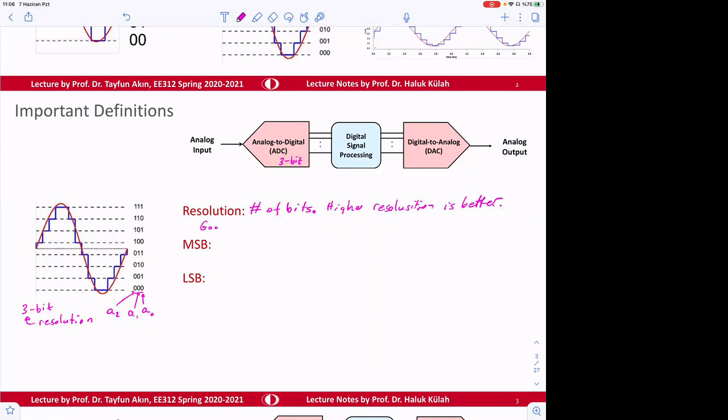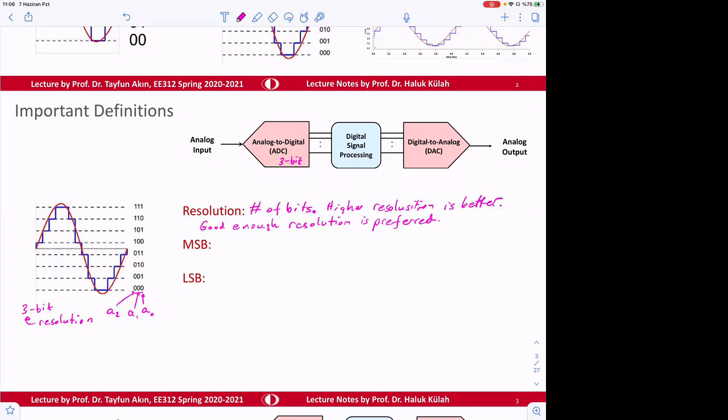So good enough resolution needs to be selected as preferred. Too much is going to take a lot of area, because making more resolution is going to be more difficult, of course.